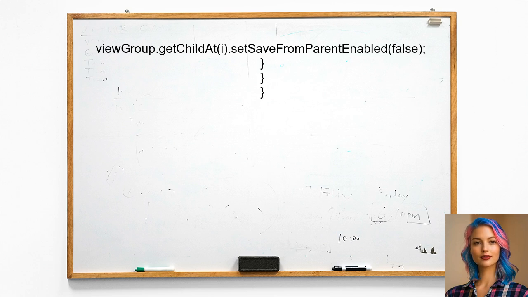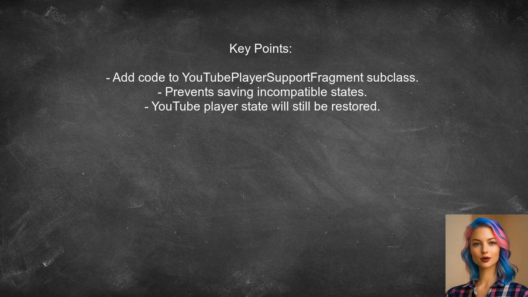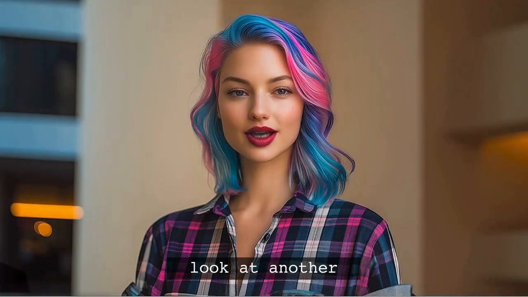To fix this, they suggest preventing view state saving for the YouTube player view in the YouTube player support fragment. This code should be added to your subclass of YouTube player support fragment. It prevents the saving of states from the YouTube APK, allowing the YouTube player to be restored successfully without crashing your app. Let's take a look at another answer from another user.